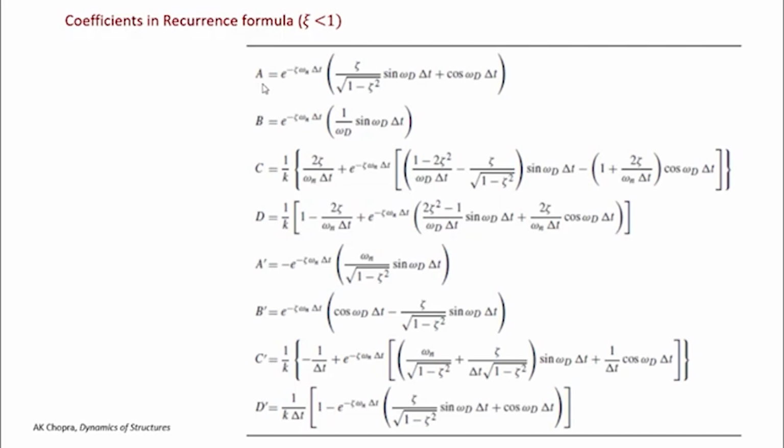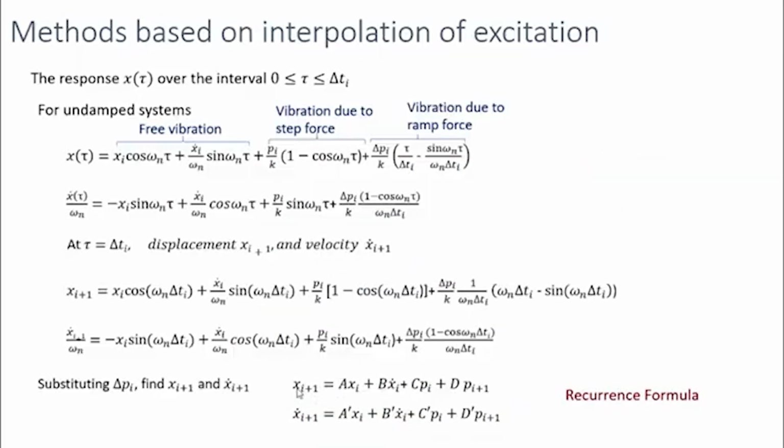So these coefficients depend upon the damping in the system and the frequency and the stiffness of the system. And it also depends upon the time step, that is delta t. So if we know these coefficients, we can calculate the responses at each time instant.